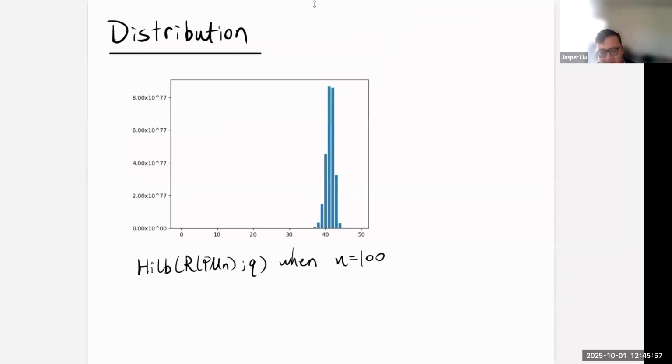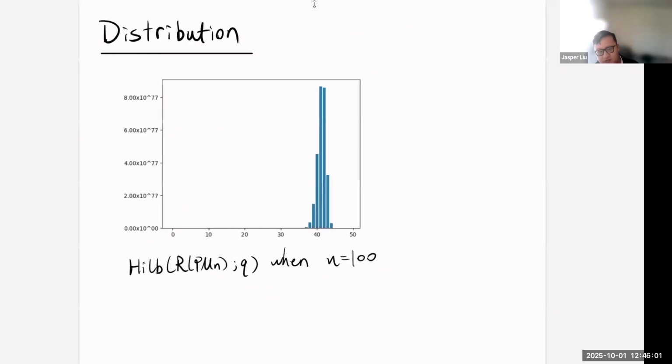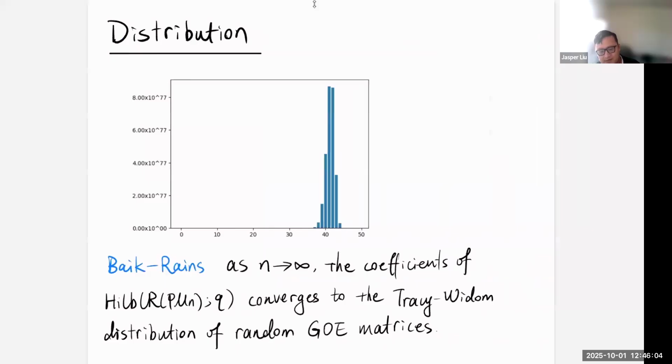We also care about the distribution. Here is what it will look like when n is 100. And Baik and friends have the result that if we let n go to infinity, these coefficients will converge to another Tracy-Widom distribution after rescaling and recentering.